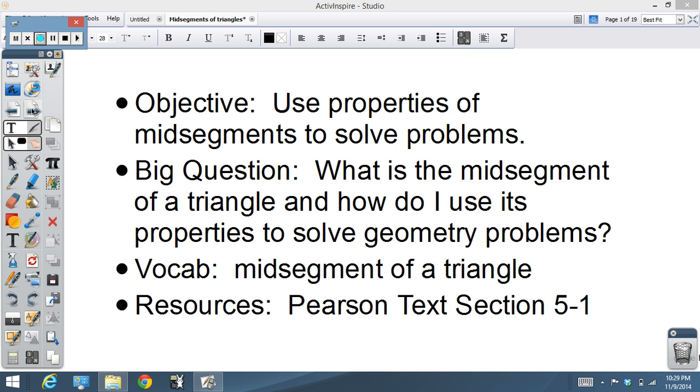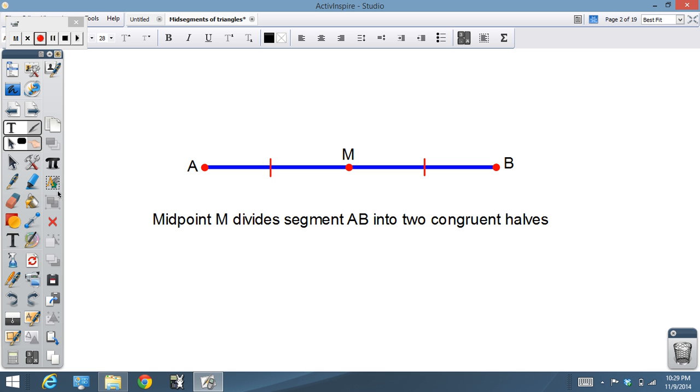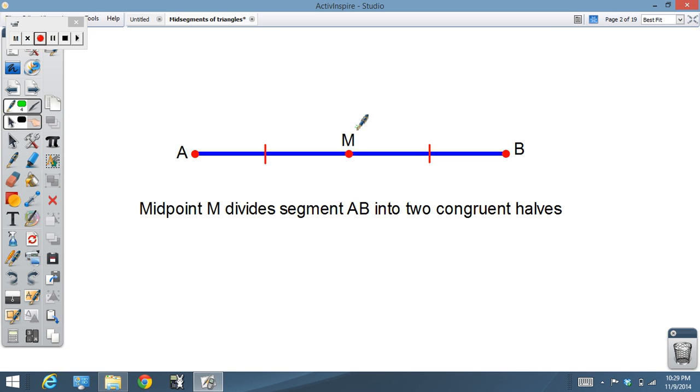To understand midsegments, first we've got to remember midpoints. This is from way back when. Do you remember we talked about a midpoint being a point like M that is halfway between, or smack dab in the middle of, a segment?